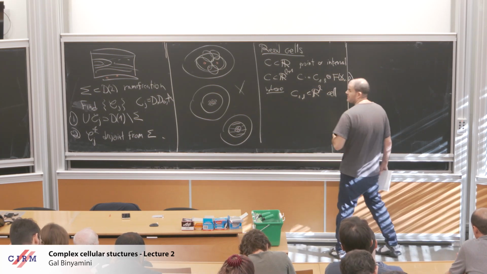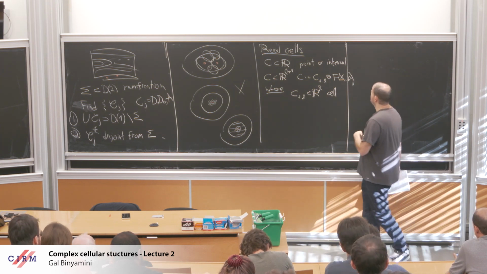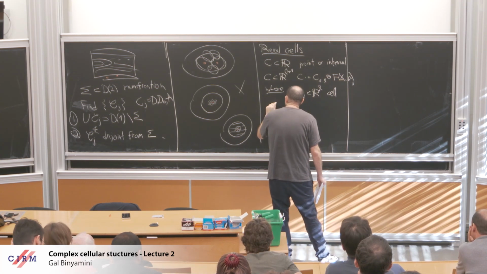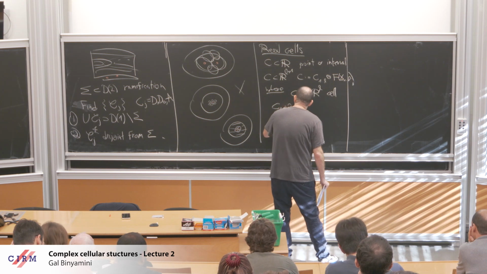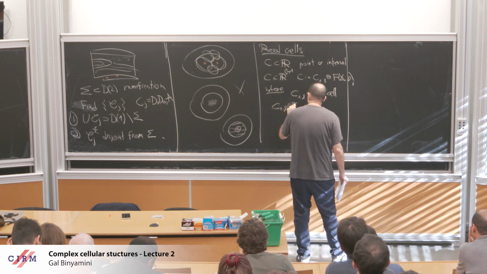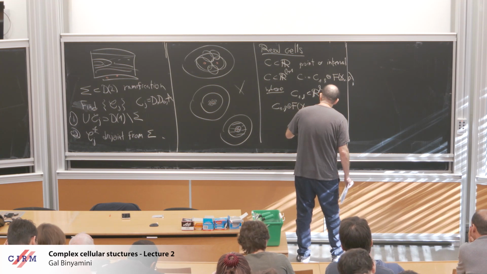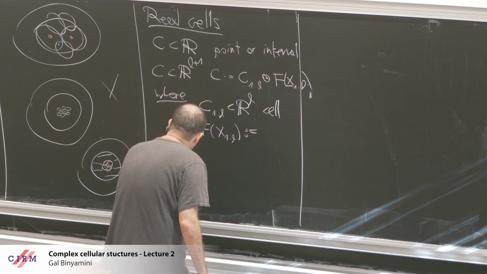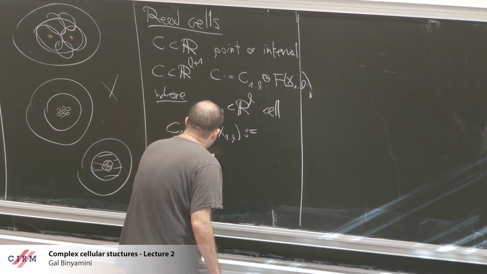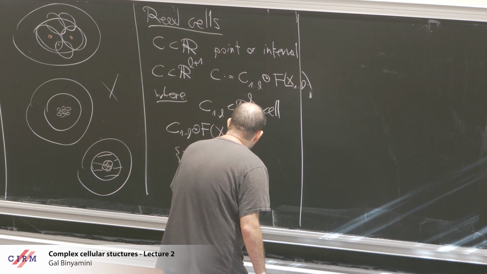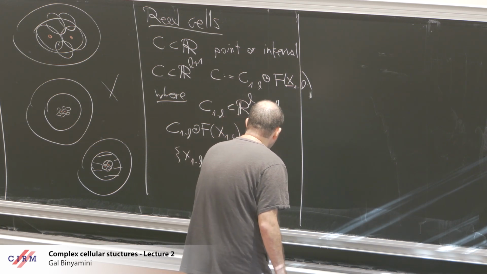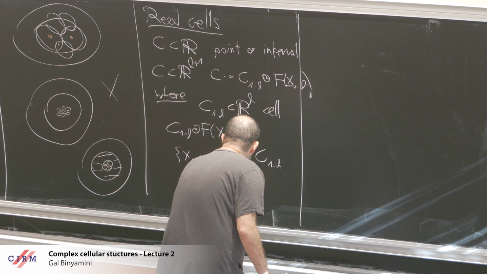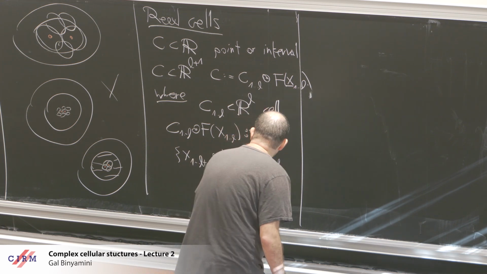So just inductively, I take a cell in the first l coordinates, and then this notation C_{1..l} ⊗ F_{1..l} just means that I take the points x_1 up to x_{l+1}, where x_1 up to x_l belong to C_{1..l}, and x_{l+1} belongs to F evaluated at x_1 up to x_l.